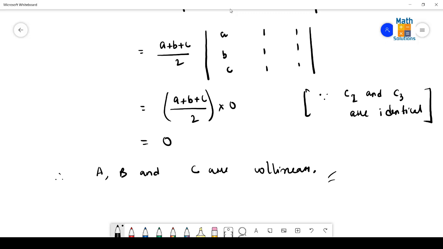Then coming to the next question, question number 3. So in question number 3, what is given?